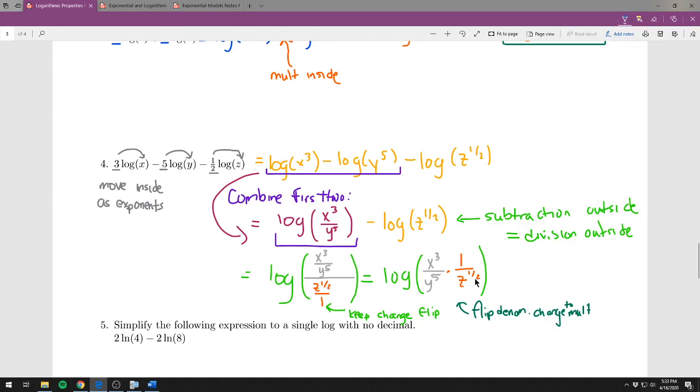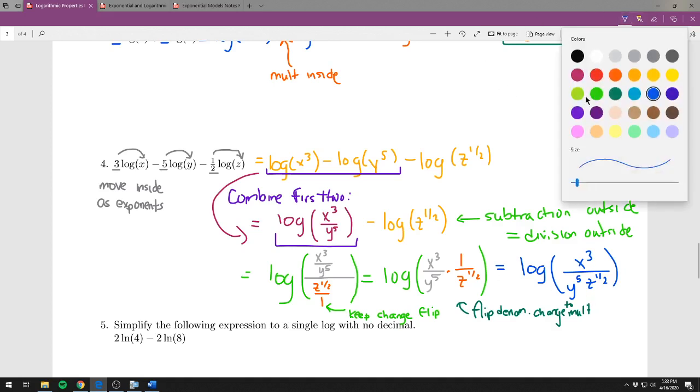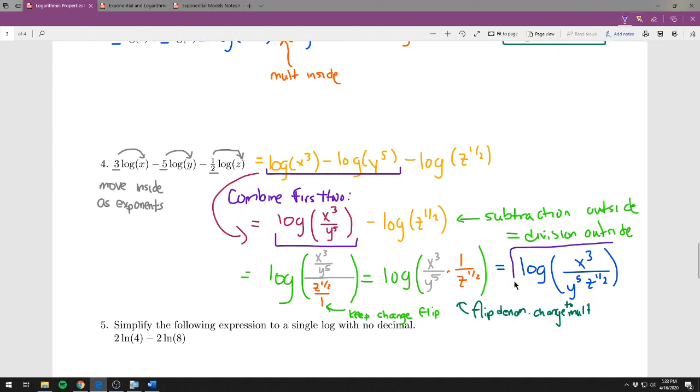Right, but then to finish up, just because it's written as two fractions, we can write it as one fraction. Multiply the tops, we get x cubed. Multiply the bottoms, we get y to the 5th times z to the 1/2. And this is definitely one of those things, especially if it's not new to you and you remember it.